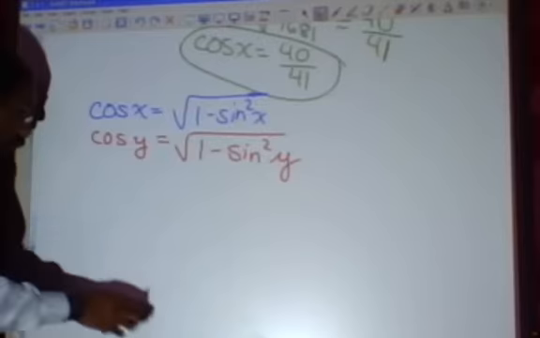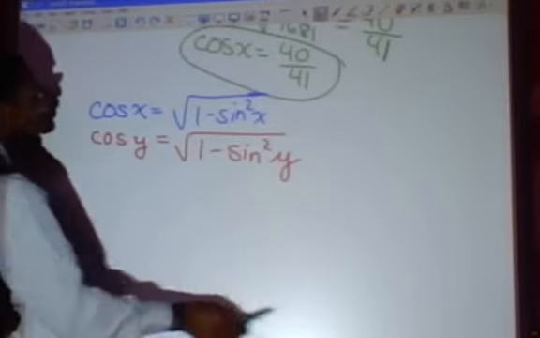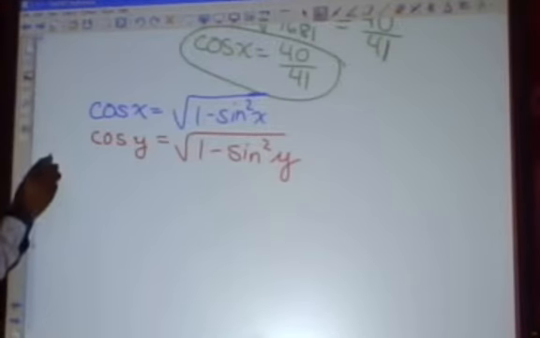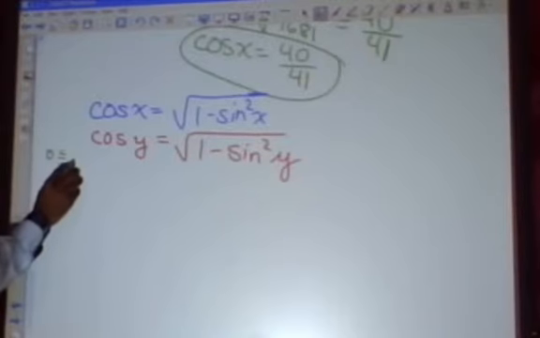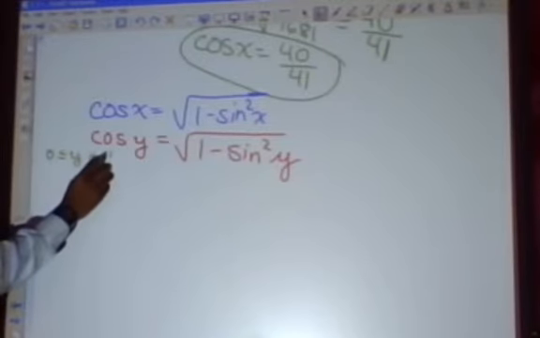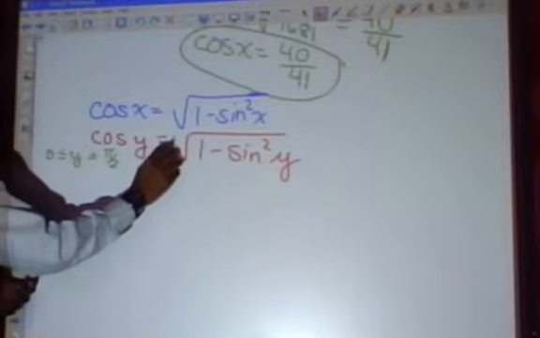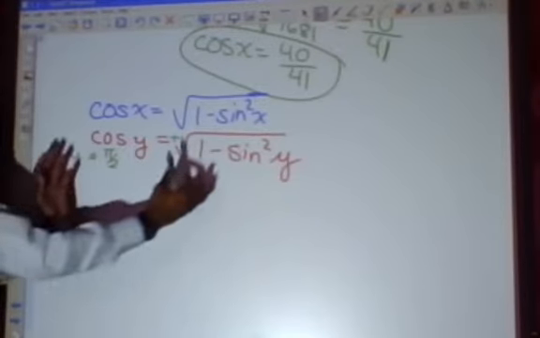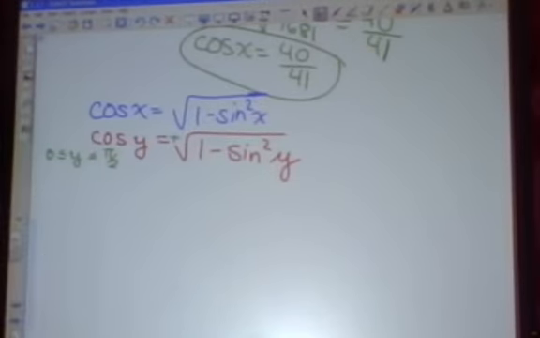We know our y is, from what they give us at the top, between 0 and pi over 2 again, so our answer is going to be positive. No matter what we put in, it's going to come out a positive number.